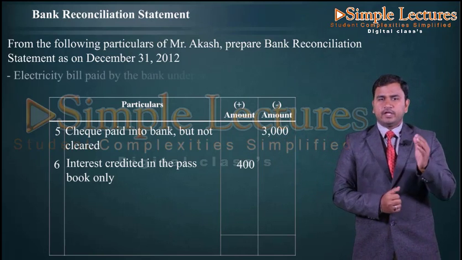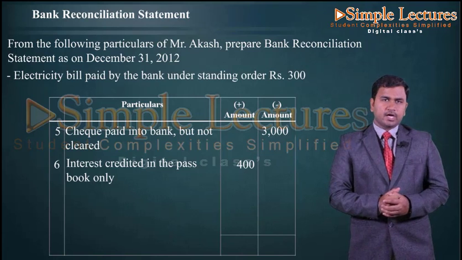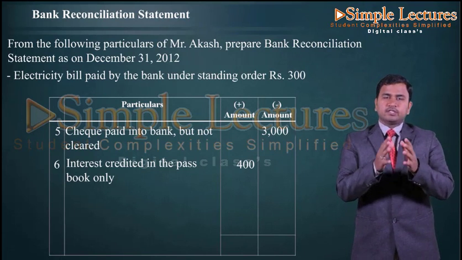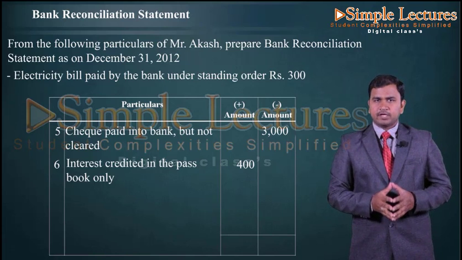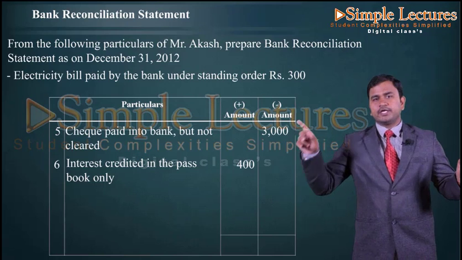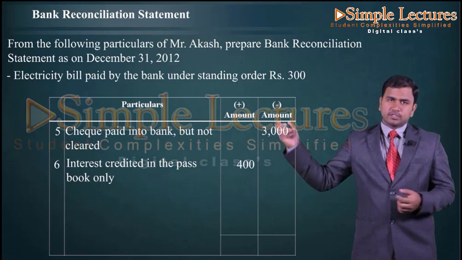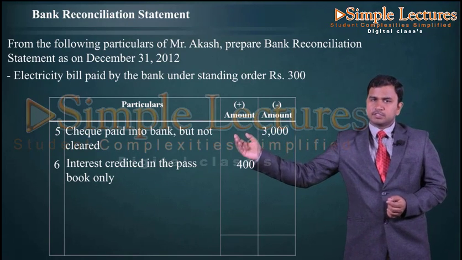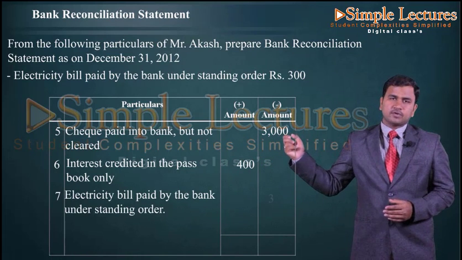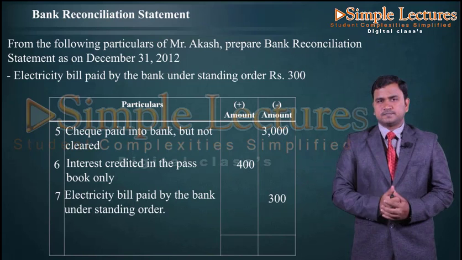Then we have electricity bill paid by the bank under standing order, rupees 300. So, here the electricity bill was paid by the bank, where 300 rupees will be deducted from the passbook, which was not entered in the cash book. So, that we are going to deduct here. Serial number 7, electric bill paid by bank in negative amount column 300.